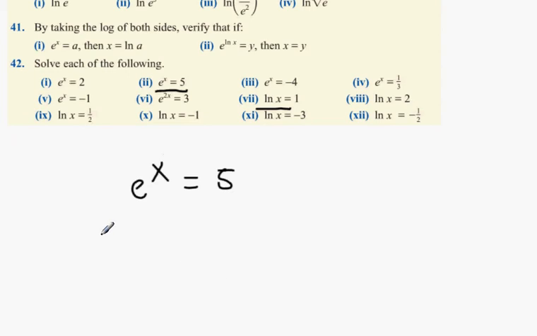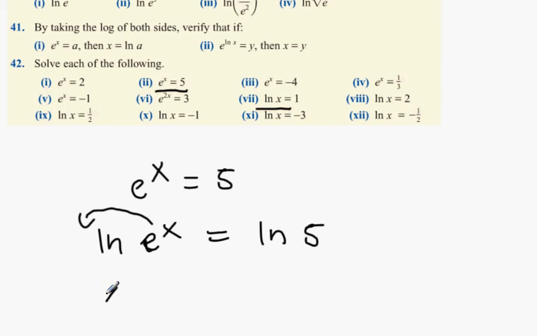So here's what we're going to do. ln both sides: ln e to the x equals ln 5. Now you might say, why did we do that? Basically, I'm just freeing up the x. The x is no longer part of the power once I use the power rule. x ln e equals ln 5. And what do we know about ln e?